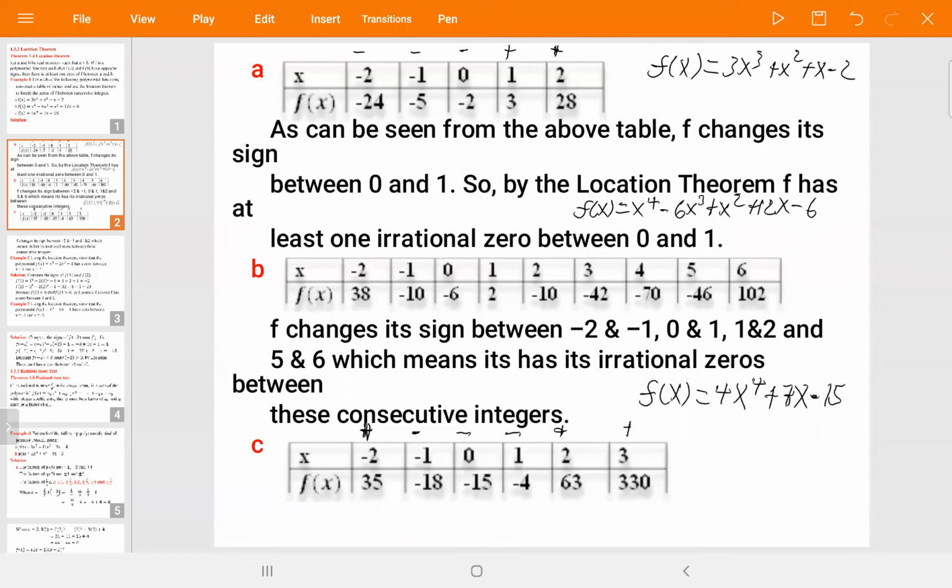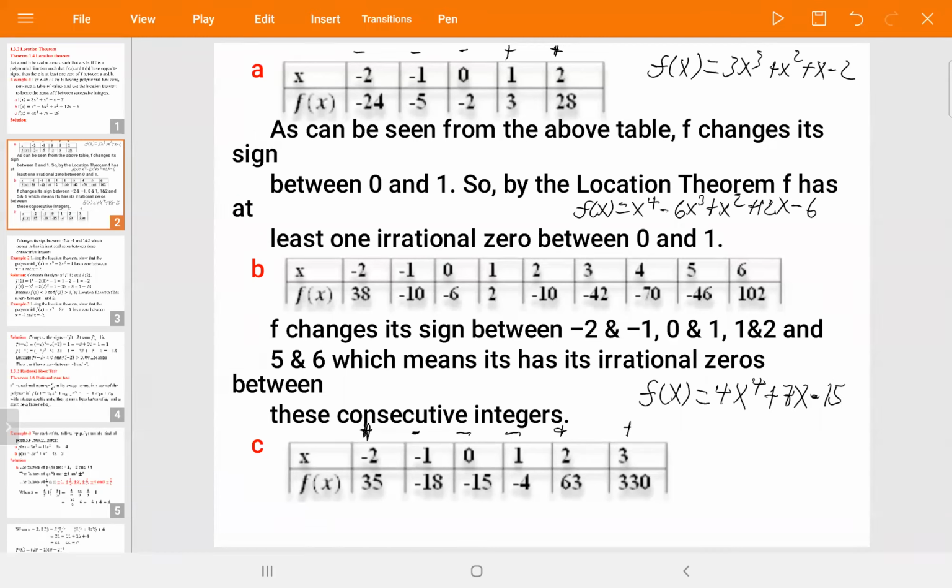So if its leading coefficient is positive, then maybe beyond 2, beyond 3, or beyond 1, it depends on the nature of these coefficients. Actually, after 2, in this case, there is no chance for f of x to assume a negative value. So no need of wasting our time by evaluating f at 4, 5, etc.